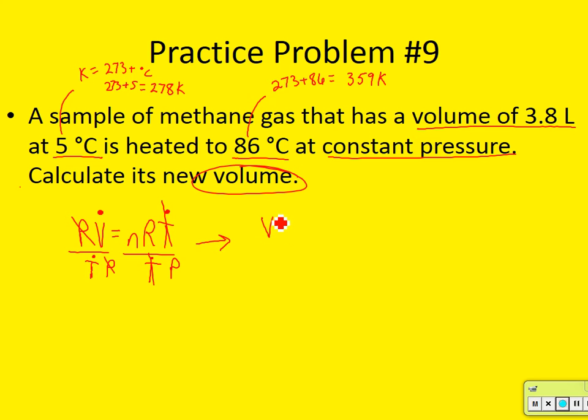Don't we have V with the dot divided by T with the dot is equal to nR divided by P? Yes. Okay, now that's important to do. If you can do that every time, this will be no problem.